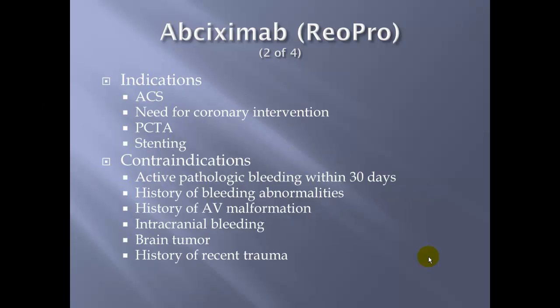Indications: acute coronary syndrome, the need for coronary intervention, PTCA, which is percutaneous transluminal angioplasty, or placing a stent, or stenting. Contraindications: active pathological bleeding within 30 days, history of bleeding abnormalities, history of AV malformation, intracranial bleeding, brain tumor, or history of recent trauma.